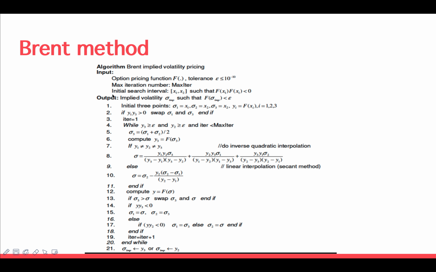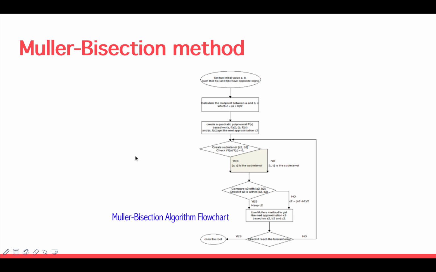And this is the Brent method, which combines the bisection method with the inverse quadratic interpolation method. You follow this formula to get the next point, and not just a simple average of the interval. The Muller-Bisection method is similar.